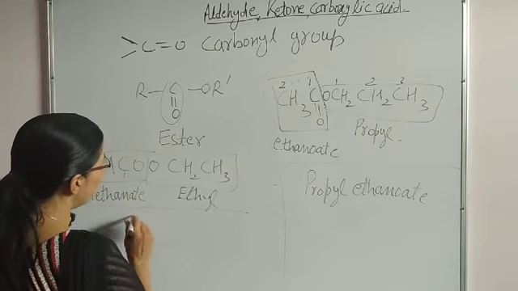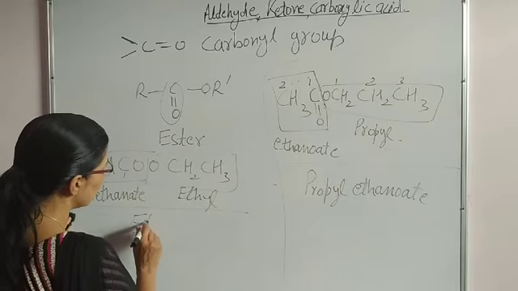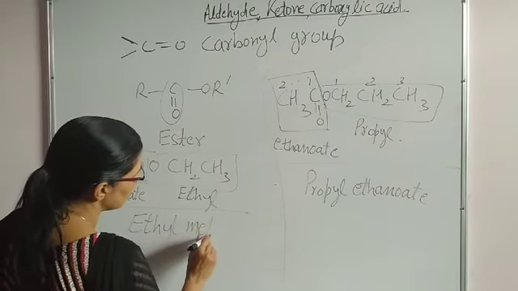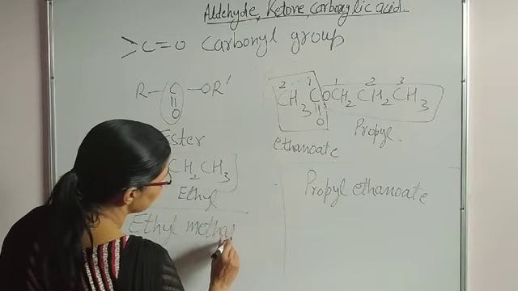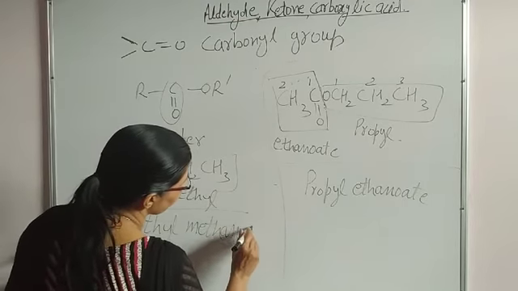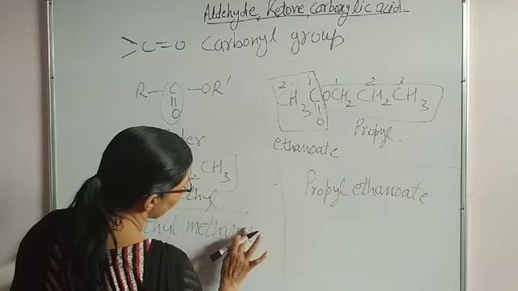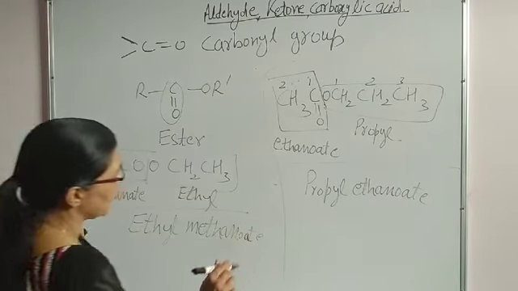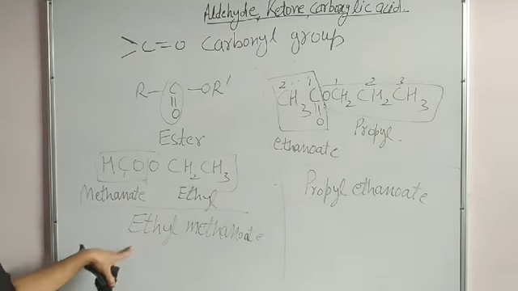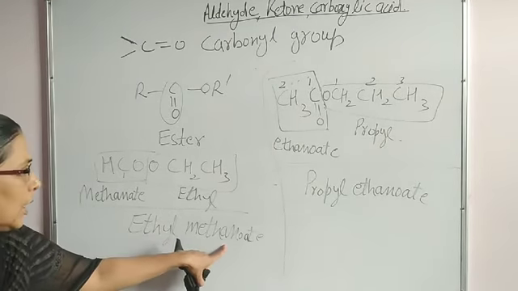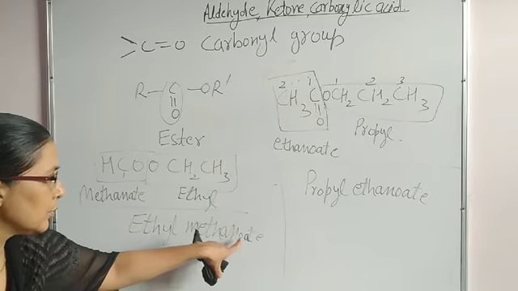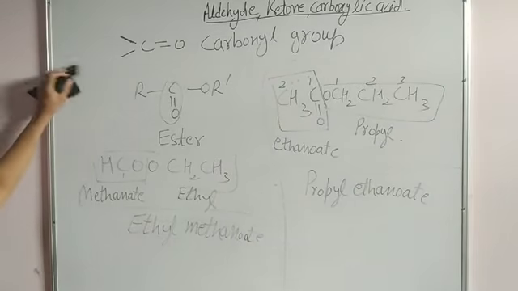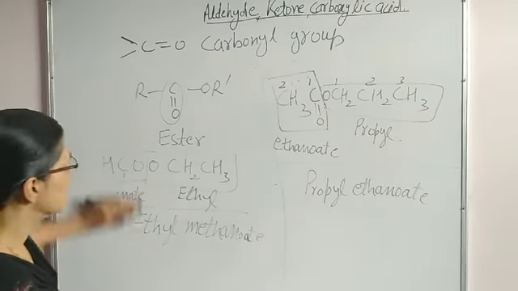And later the complete name will be ethyl methanoate. Methanoate, M-O-A-T-E. Okay, alkyl alkanoate. So after N comes OATE. So that's all about ester.